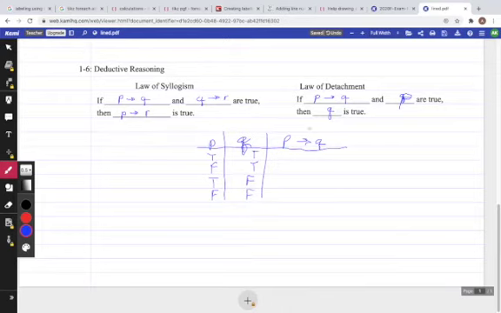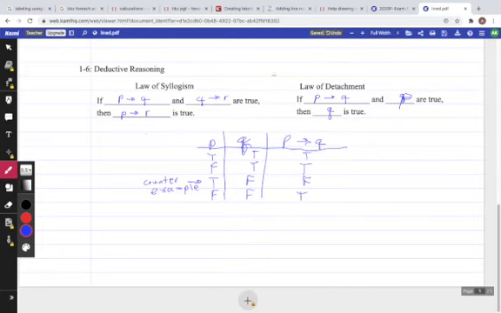Meaning our P implies Q, if both are true, then we have a true statement. If P is false, we have a true statement. Otherwise, if P is true and Q is false, this is actually a counterexample. That's how we set up our counterexamples, so it's clearly a false statement.